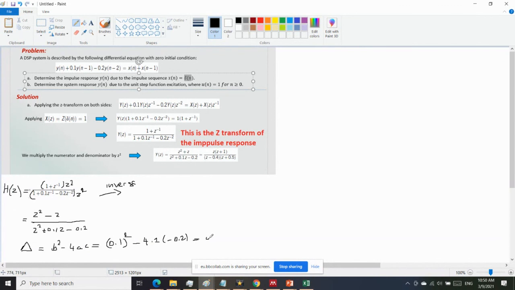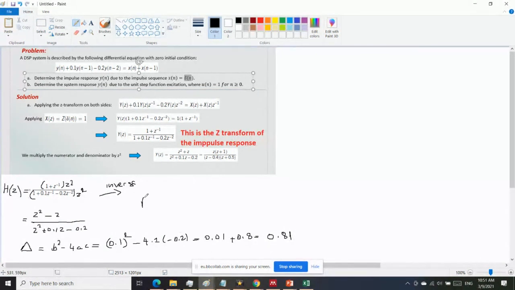So 0.1 squared is 0.01, minus 4 times minus 0.2, so plus 0.8. So this is going to be 0.81.